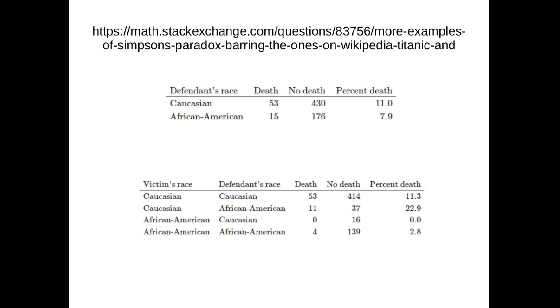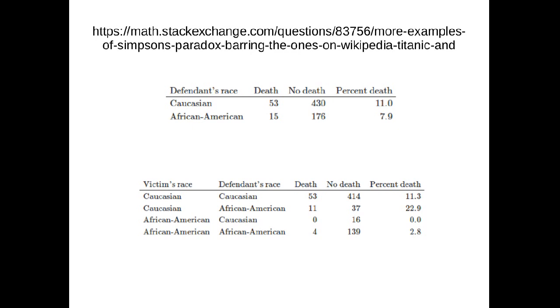So first of all, you say just right off the top, more Caucasians are receiving the death penalty percentage-wise, but then you say, wait a second, is that even significant? So this is the problem here. We often talk about Simpson's paradox and we disregard whether or not it's even significant, this difference between 8% and 11%. It might or might not be important, that difference. It could be sampling error.